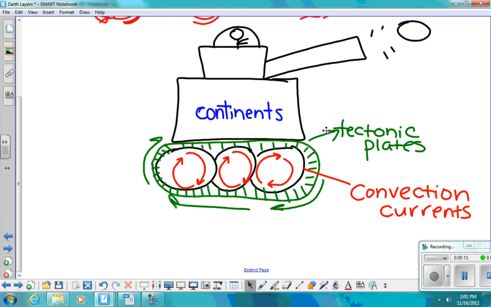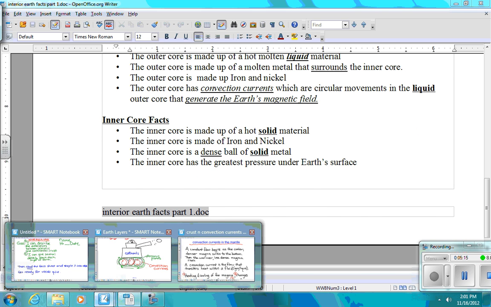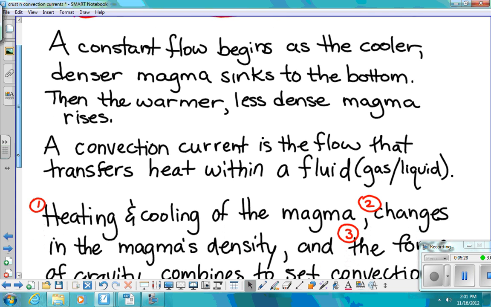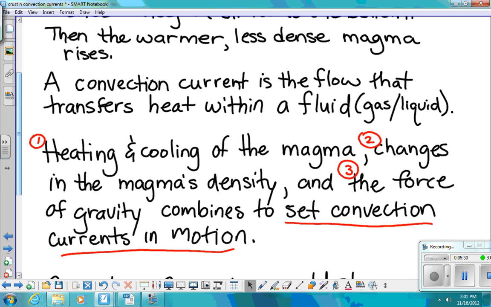So let's talk a little bit more about some other facts that we should know. A constant flow begins as the cooler, denser magma sinks to the bottom. Then the warmer, less dense magma rises. A convection current is the flow that transfers heat within a fluid.